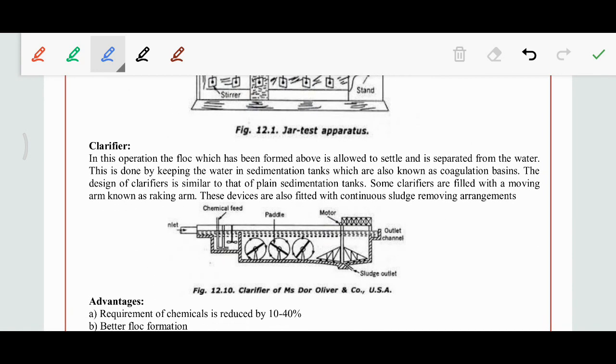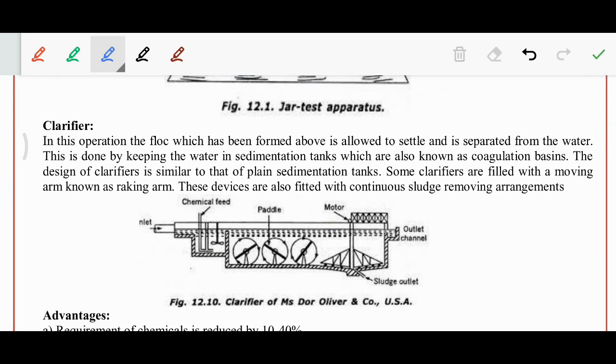So next we have clarifiers. You can see here, in this operation the flocks that have been formed are allowed to settle down here. Then they are separated from the water. How will it be separated?